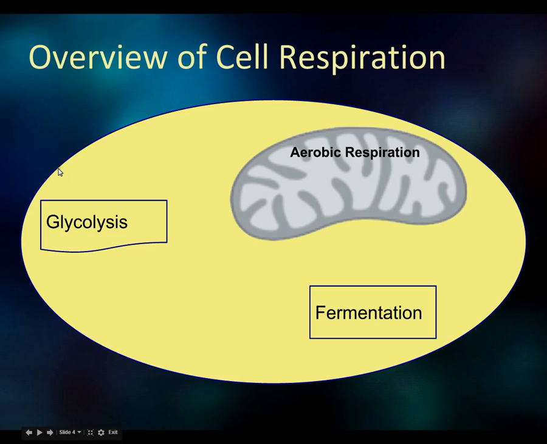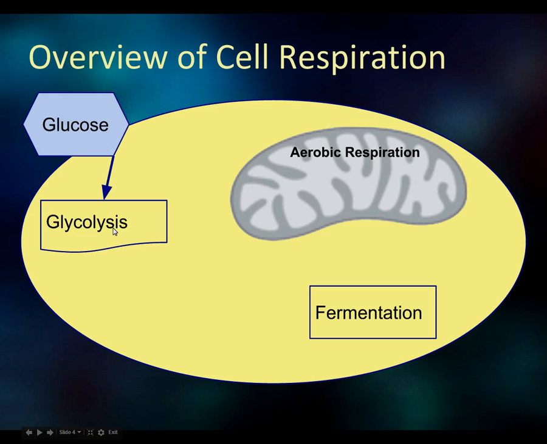So let me walk you through what happens. Let's take animal cells, for instance, because that's what we are. So we eat sugar, which is glucose, and that glucose goes into the cell, and the first thing that happens is glycolysis. And we'll talk about this in a little more depth in just a minute.